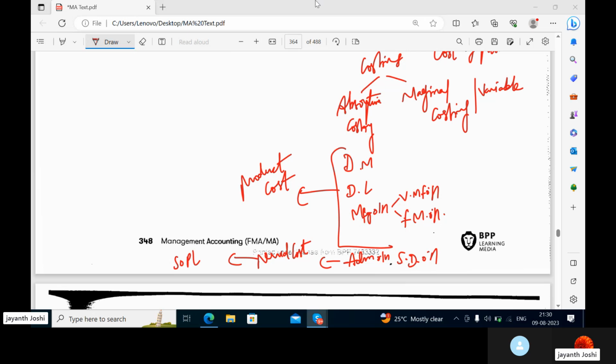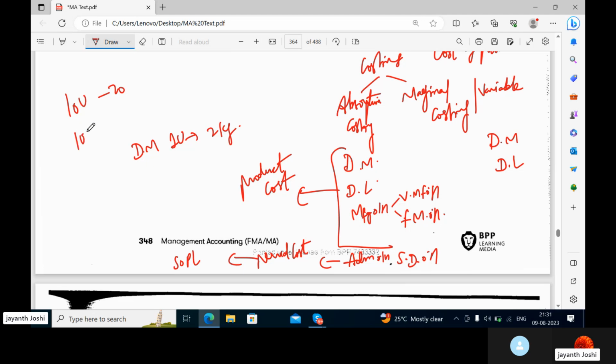In marginal costing or variable costing, we take direct material because this is of variable nature. This is direct cost. Direct material and direct labor are variable nature costs. Why? Because these are available per unit wise. For making 1 unit of product, I want 2 kgs of direct material. If I'm making 10 units of product, I want 20 kgs of direct material.